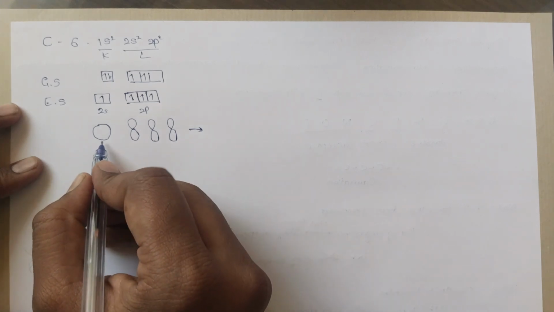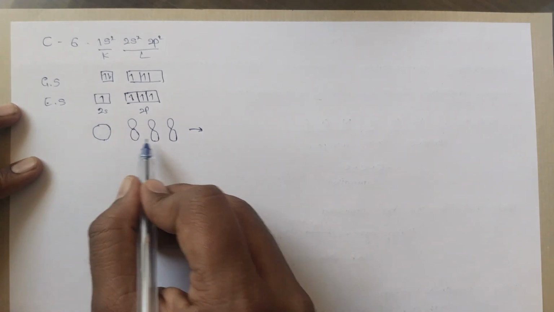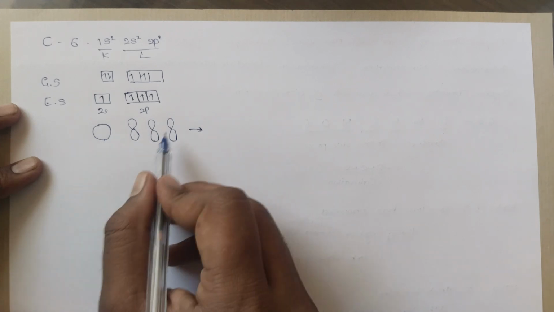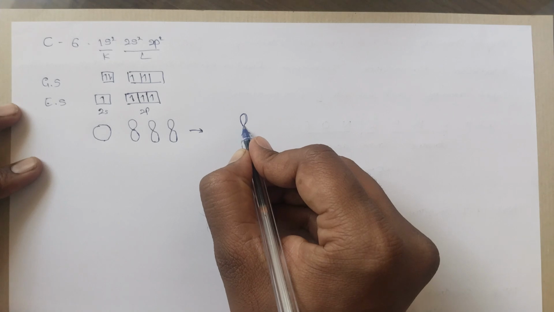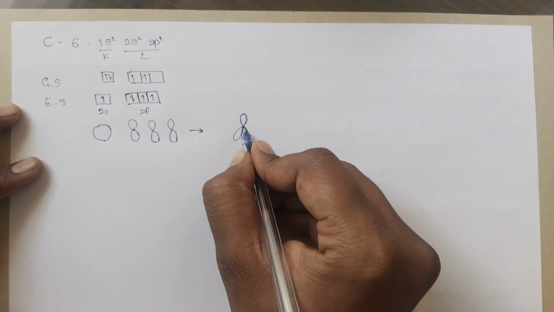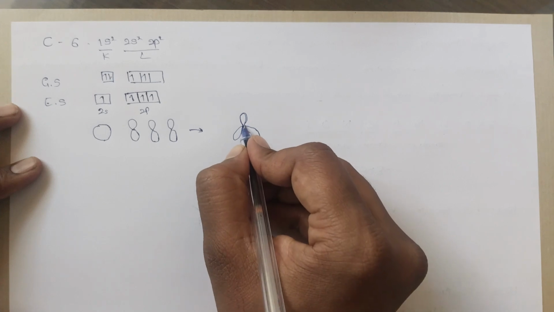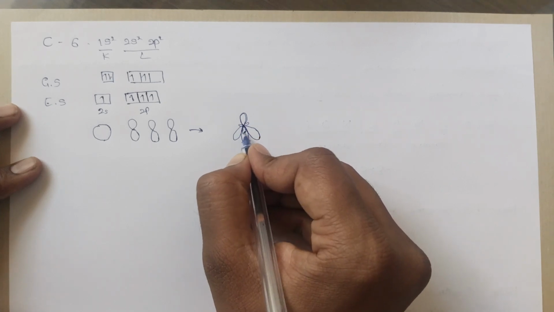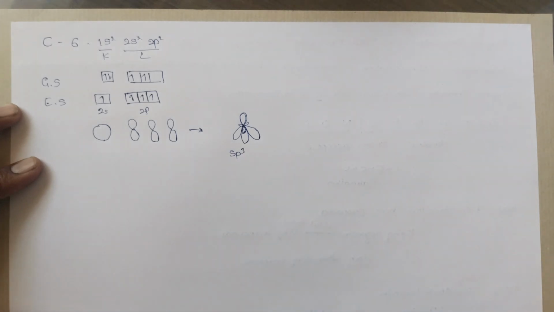Okay, here you consider this 1s, this s orbital, and these 3p orbitals combined together going to give the sp3, the sp3 hybridized carbon.